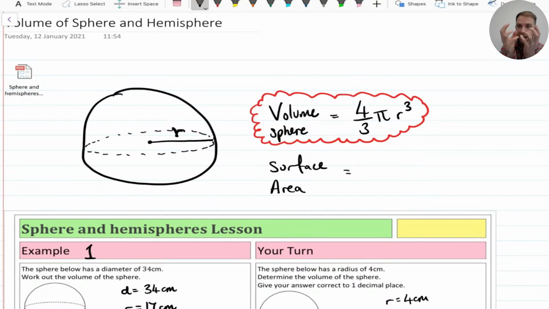So obviously all inside it's just the air, isn't it? Whereas you do need to actually have some kind of material to make that football, and it's the material that we're thinking about for the football rather than the air inside it. And the formula for the surface area of a sphere is equal to 4 pi r squared.